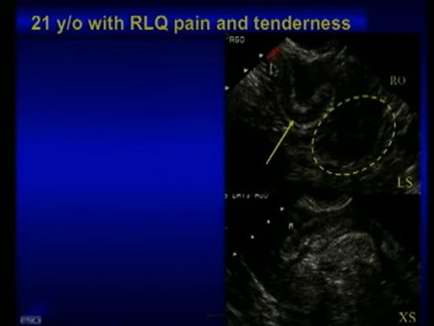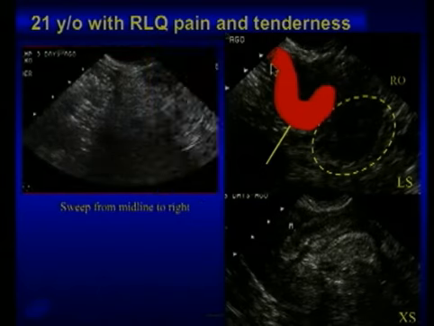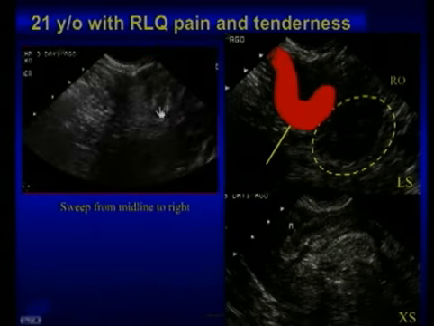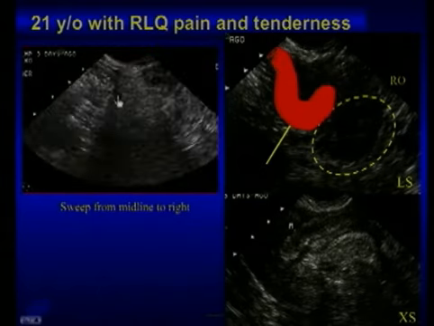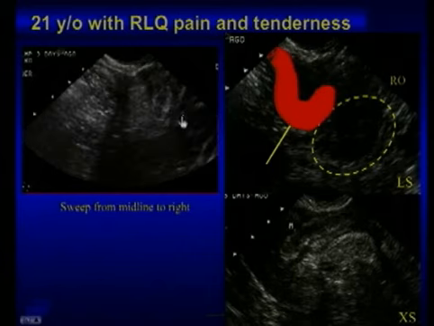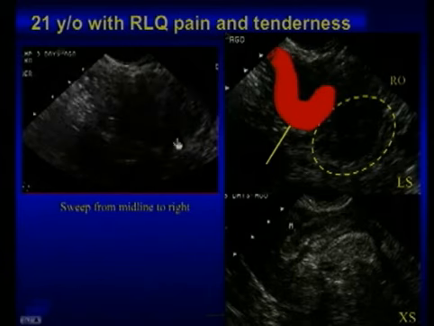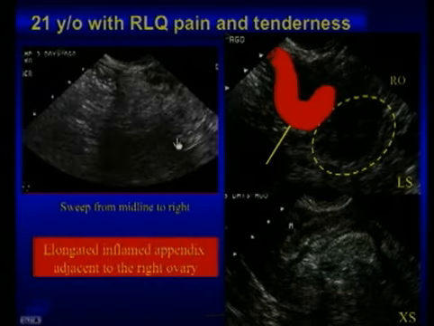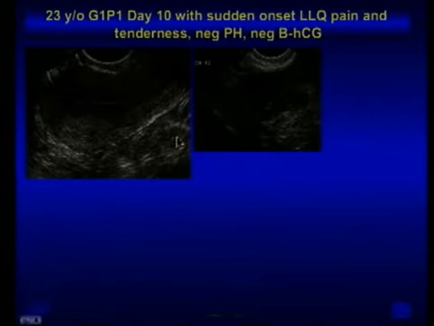And as we do a sweep, you can see the inflamed appendix sitting right on top of that otherwise normal ovary. So not very common, but look for appendix and look for left lower quadrant, look for sigmoid diverticulitis.